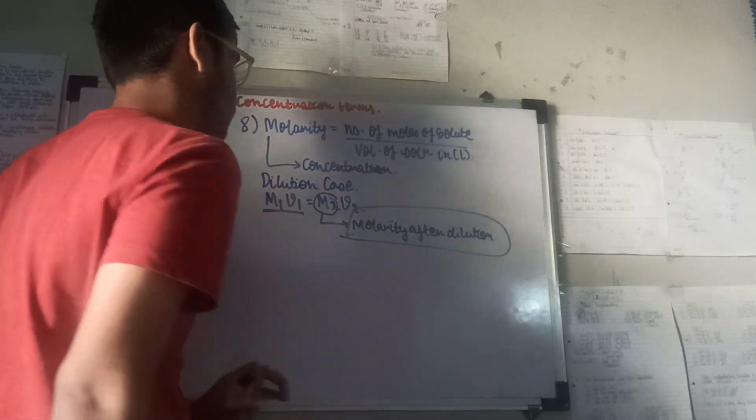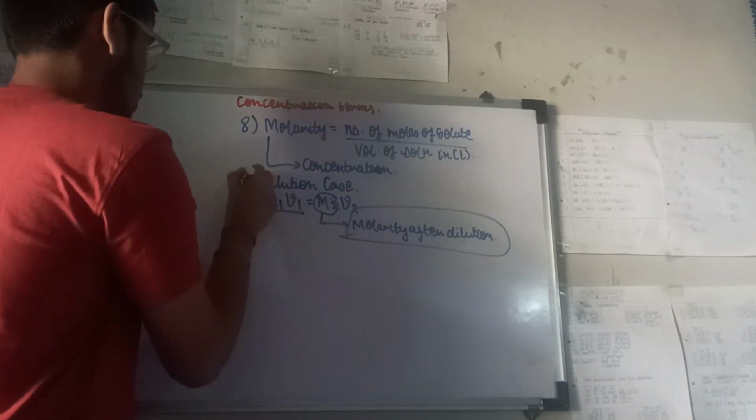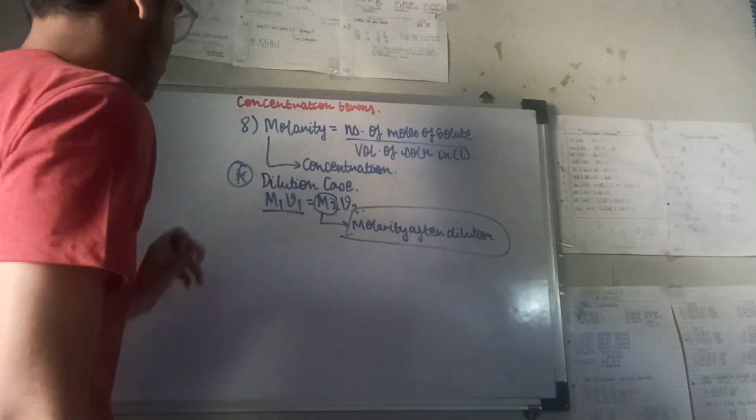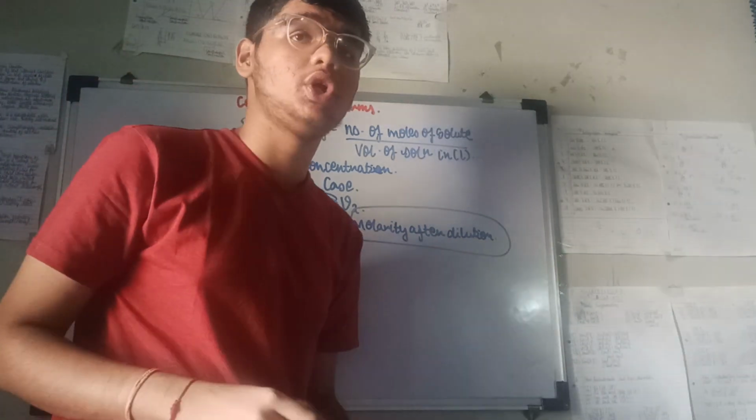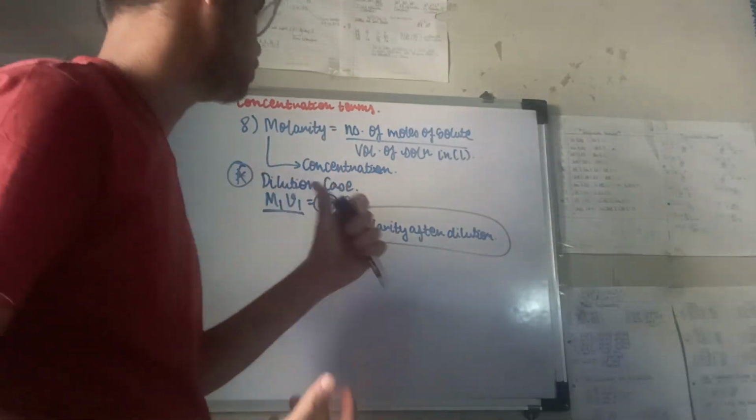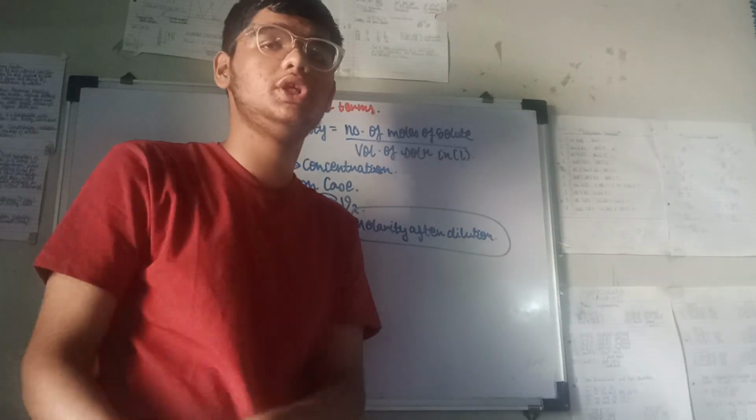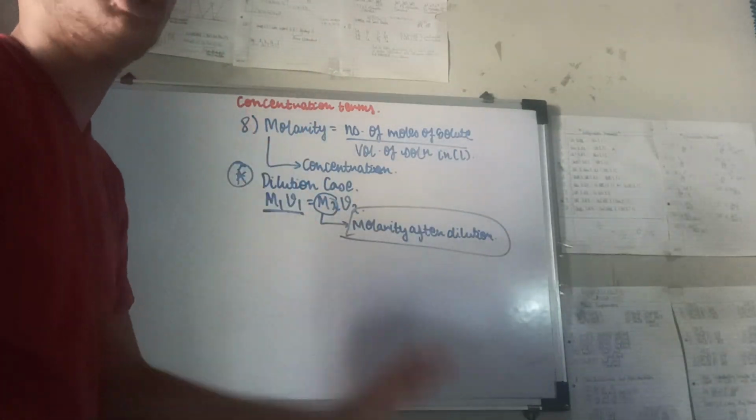This way you can solve simple questions using this formula. When you are given a question that a particular substance is diluted, what is the change in the molarity? So this we will calculate directly.